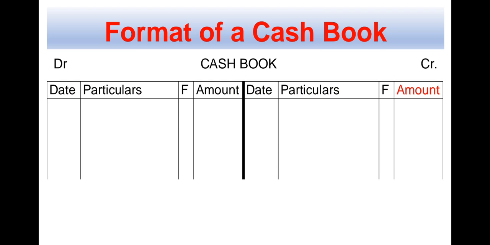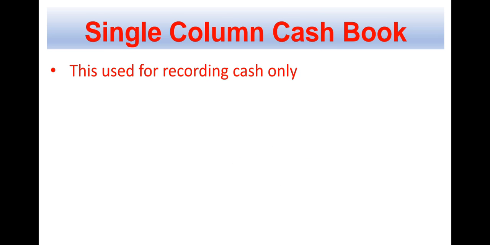So we are talking about single column cash book. Just like I explained earlier, we have three major types of cash book: single column cash book, double column cash book, and three column cash book. In this particular video, I will be taking a single column cash book. This cash book is used to record cash only, which means if a business is using a single column cash book, that means the business is dealing with cash only.